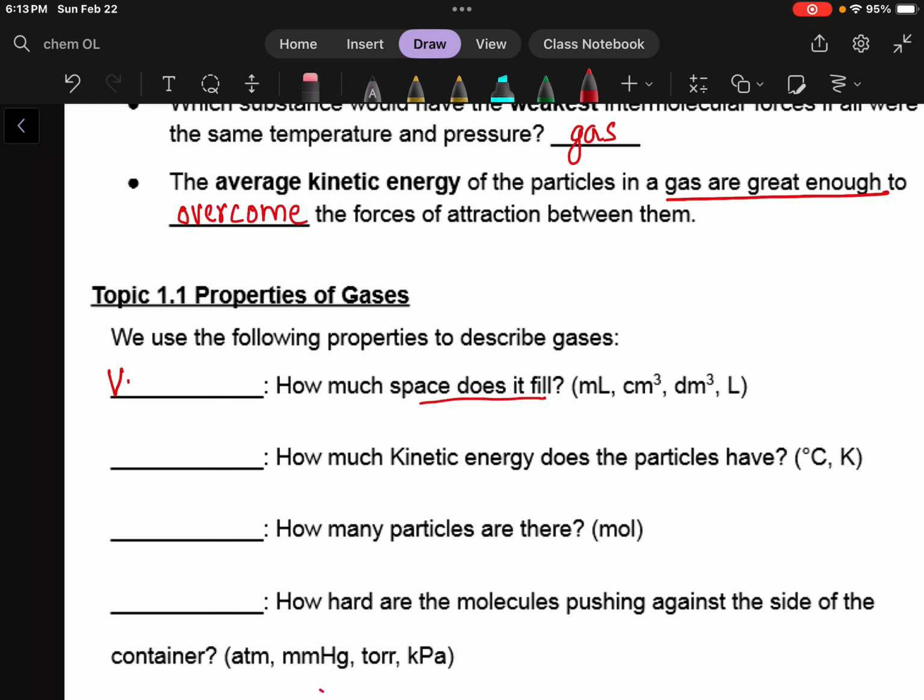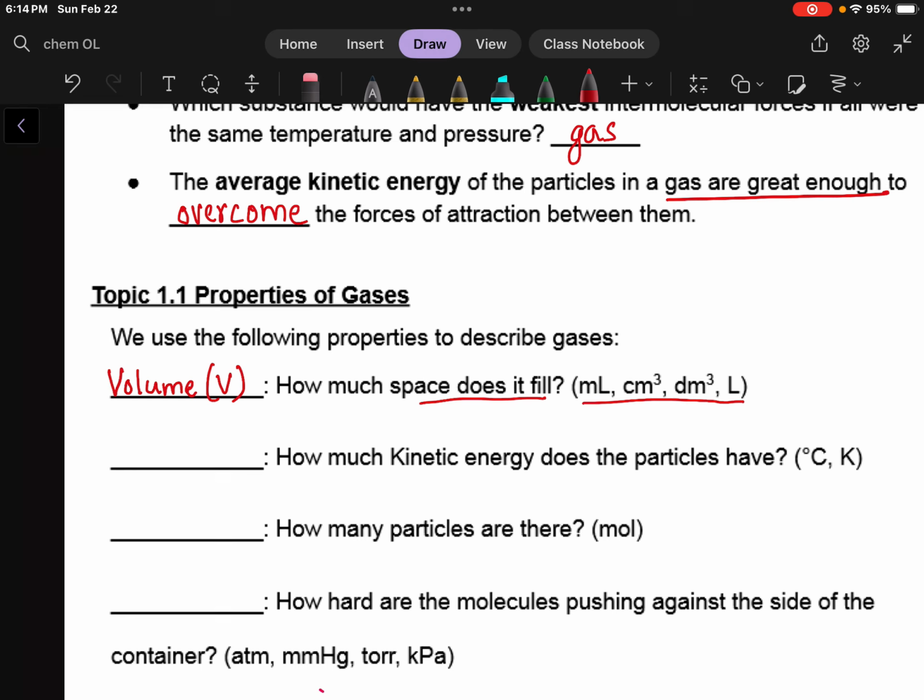That macroscopic property is volume. The variable we are using for volume is capital V. And you will see different units you have learned in King Henry, like milliliter, liter, centimeter cube, decimeter cube. You may need to convert from one unit to another using King Henry.